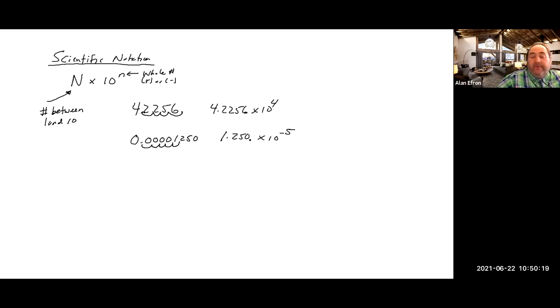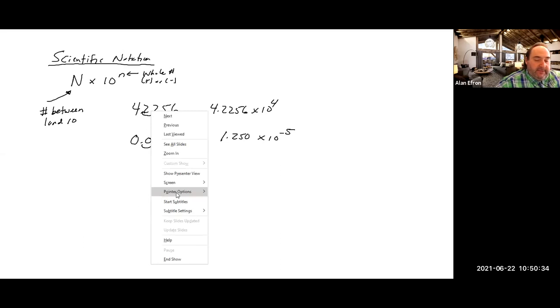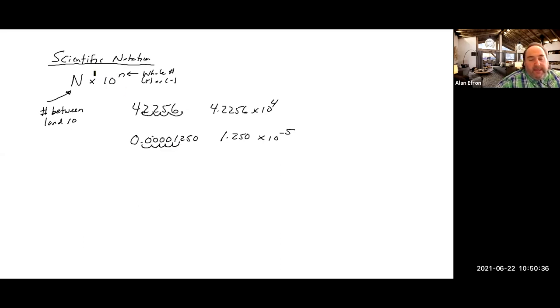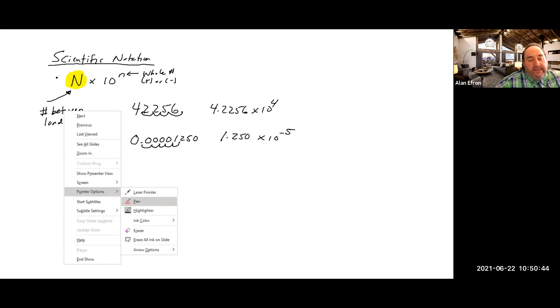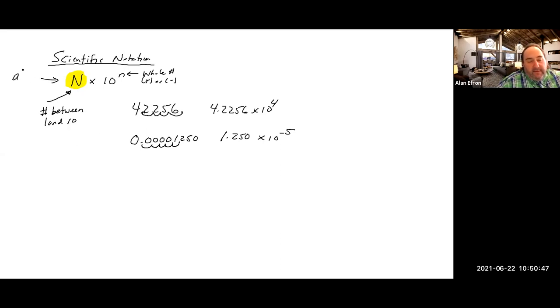Now, you may also be wondering why I kept all those numbers, why I did not keep only some of the numbers when I converted into scientific notation. And the reason is when you write a number in scientific notation, the entire number that comes before the times 10 part, this part of the number here, is always significant.